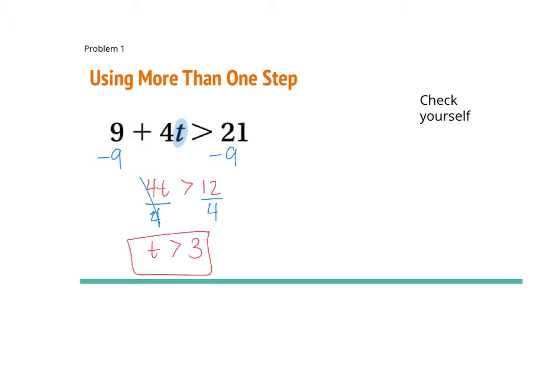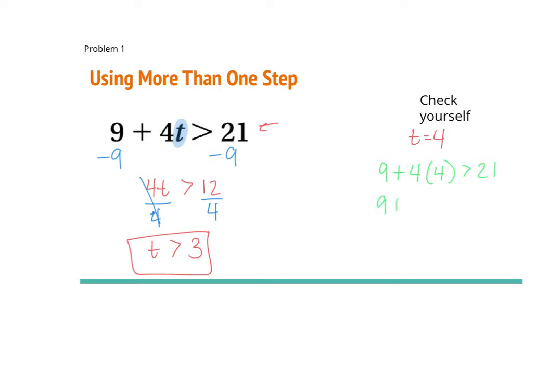We want to check our answer. So we have to pick a value of t that's greater than 3. Let's pick t equals 4. And we're going to plug it back into our original inequality, okay? So our original was 9 plus 4t, which is now 4, is greater than 21. So 9 plus, remember, PEMDAS, so we have to do the multiplication first before we can add.